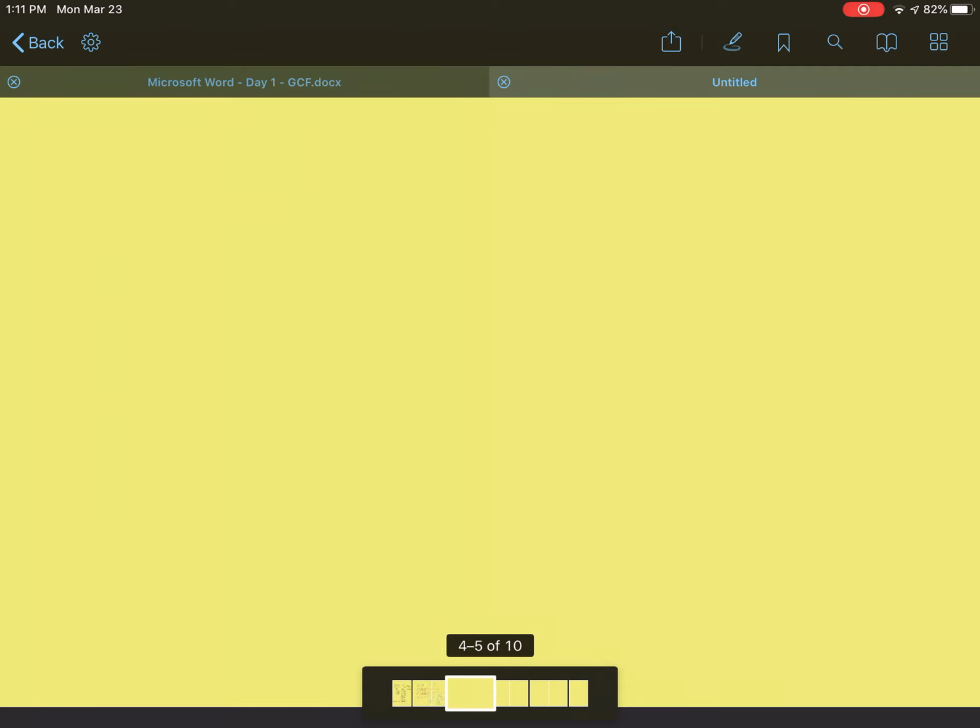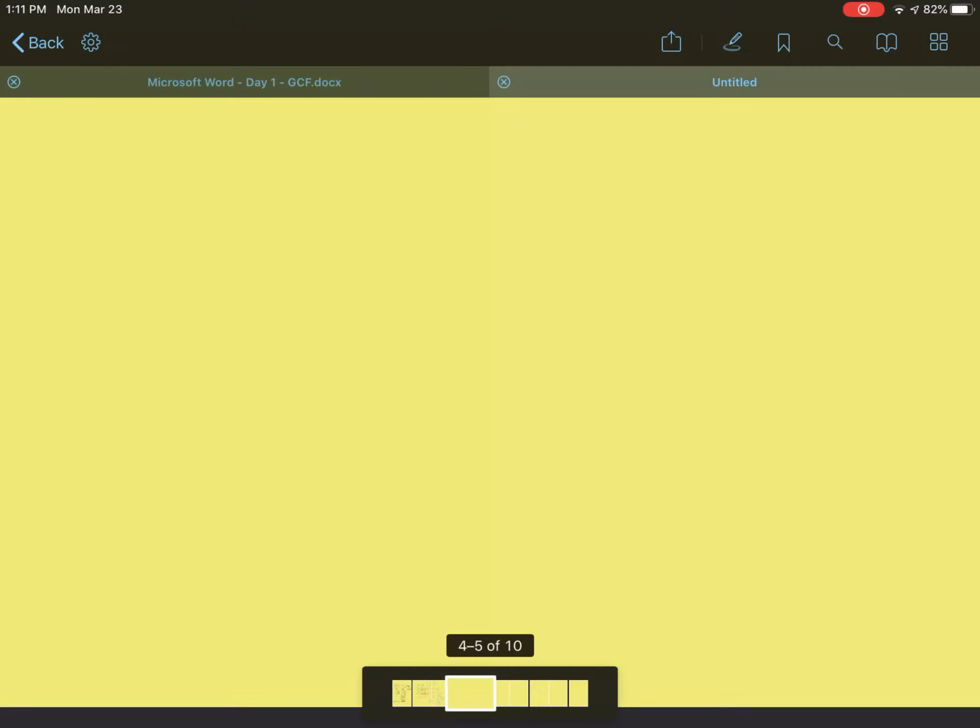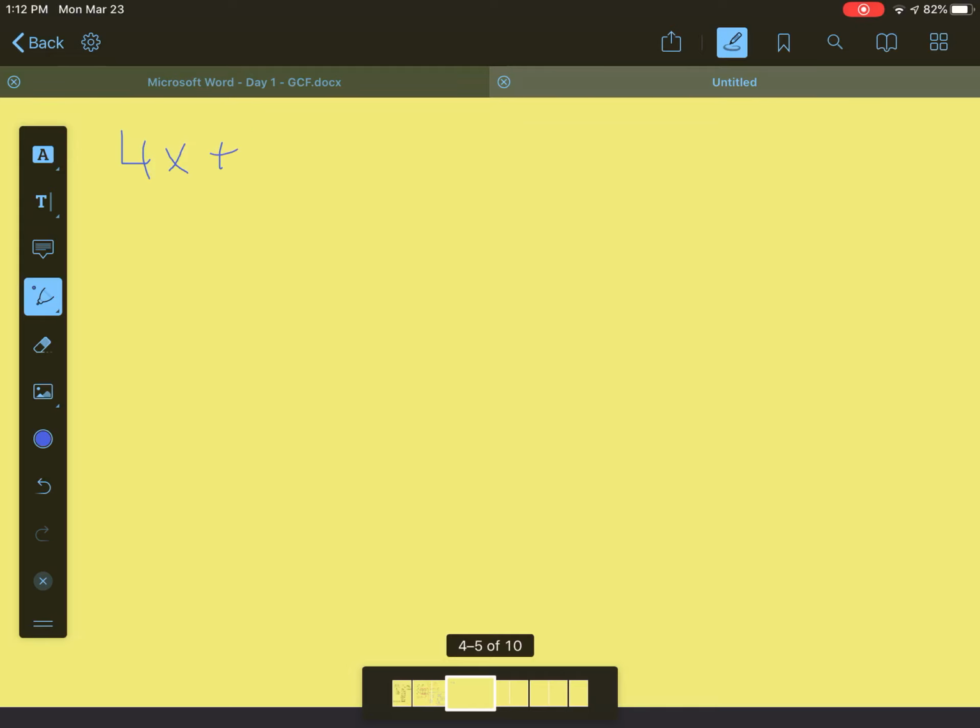All right. So now let's actually do some practice with factoring using GCF. For our first example, and this is actually from the worksheet that I posted last week, let's say we've got the problem 4x plus 16, and we want to factor this. So the first thing we're going to do is figure out what's our GCF of 4 and 16.